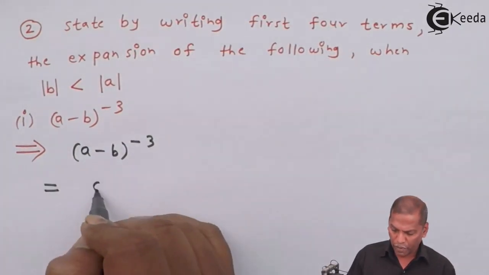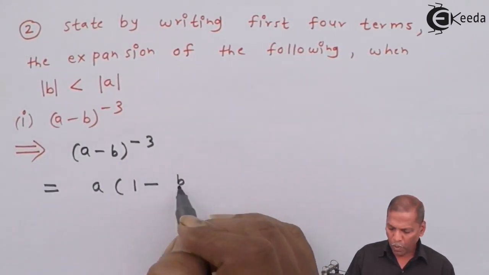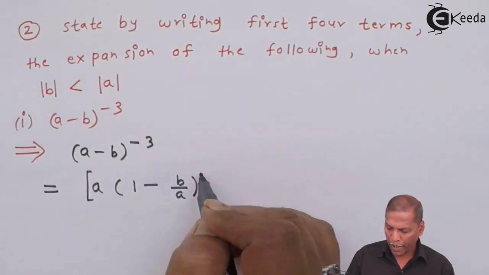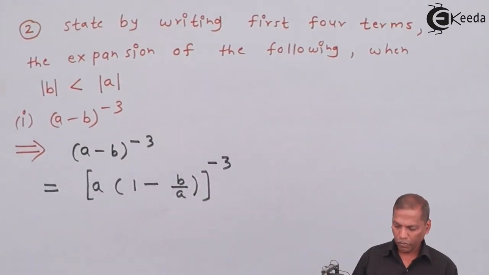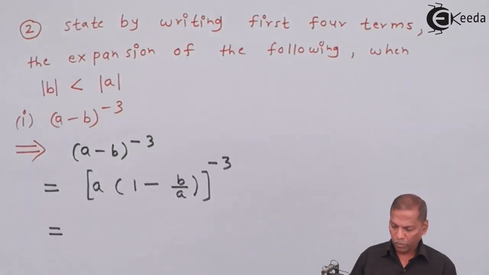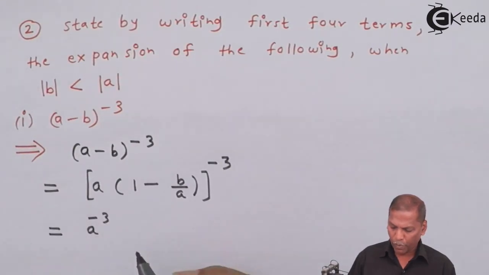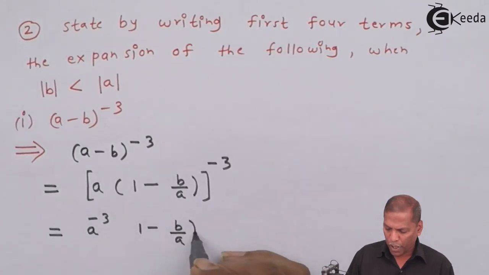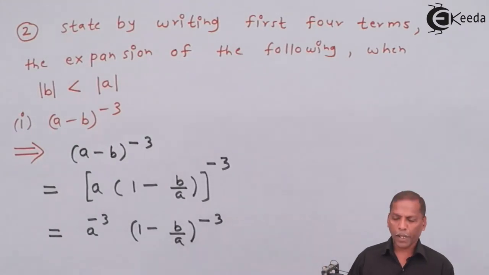So we get A in bracket (1 minus B upon A) whole bracket raised to minus 3, is equal to A raised to minus 3 into (1 minus B upon A) whole bracket raised to minus 3.